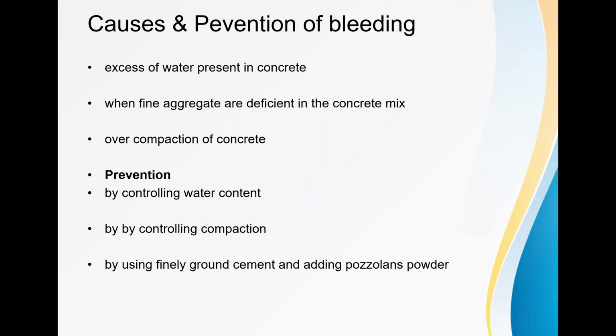Then what are the causes and prevention of bleeding? The cause of bleeding is excess water present in the concrete, or when fine aggregate is deficient in the concrete mix, or over compaction of the concrete. How do we prevent bleeding? By controlling the water content, by controlling the compaction, by using finely ground cement, or by adding a pozzolanic powder.